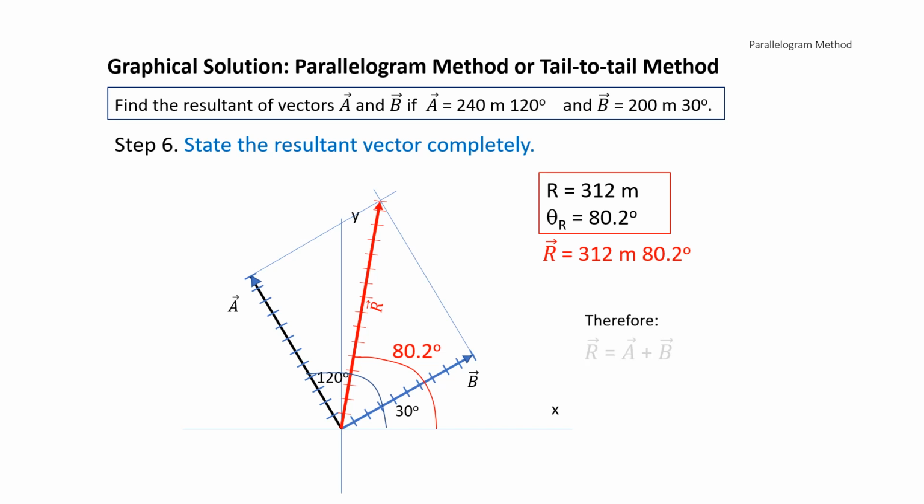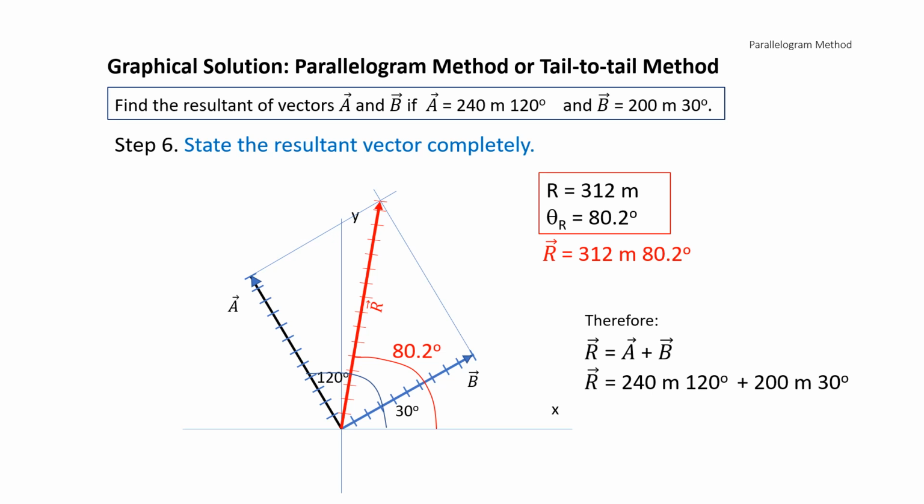Therefore, from this example, vector R equals vector A plus vector B, where vector A is 240 meters, 120 degrees, and vector B is 200 meters, 30 degrees.